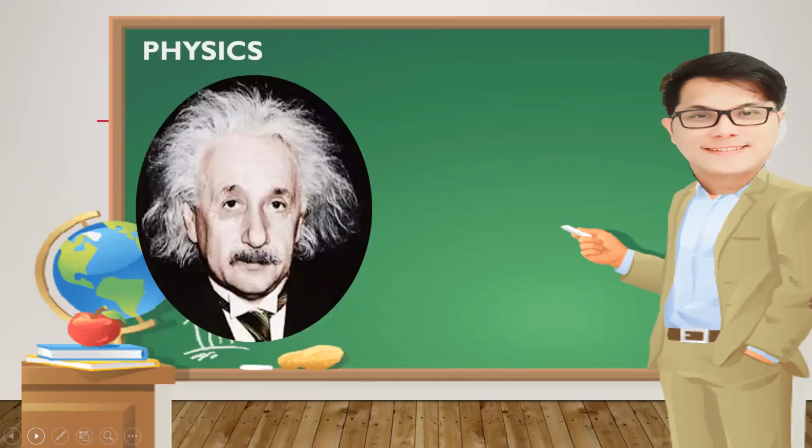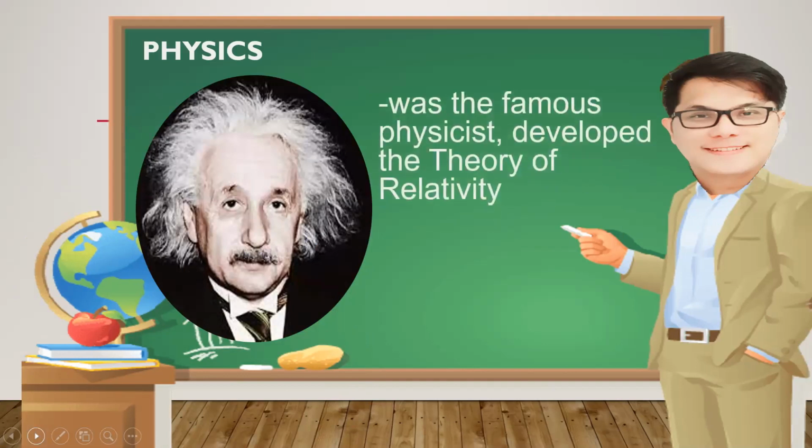Do you know who is in the picture? You can guess. He was the famous physicist who developed the theory of relativity, no other than Sir Albert Einstein. Correct.